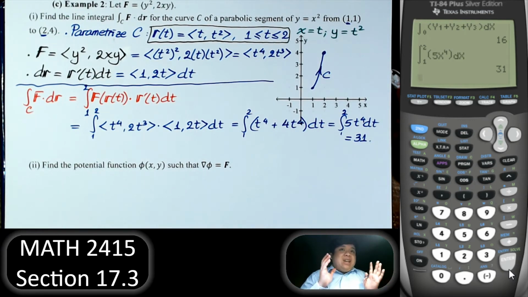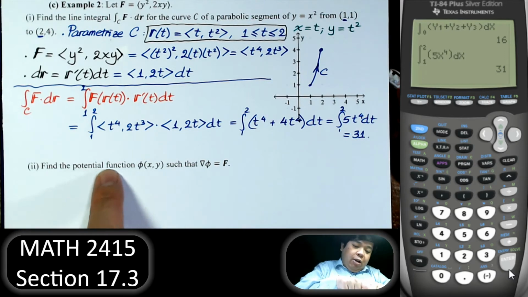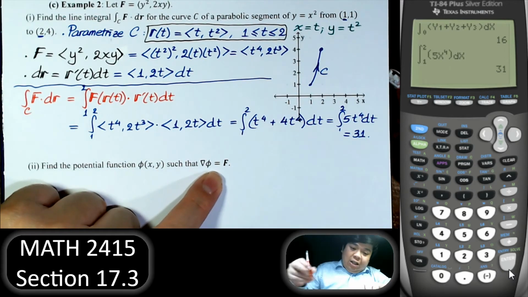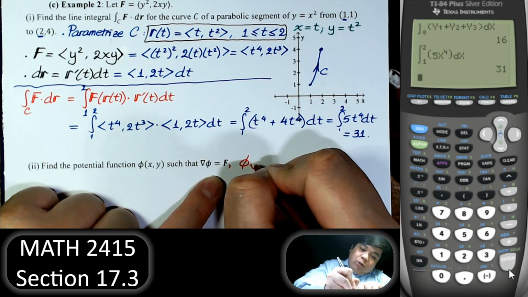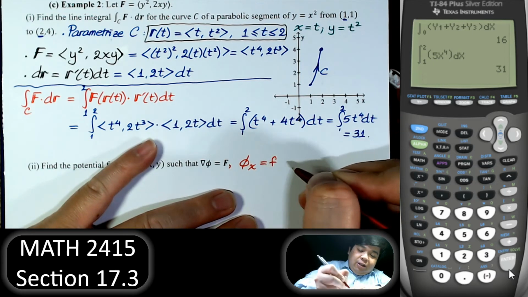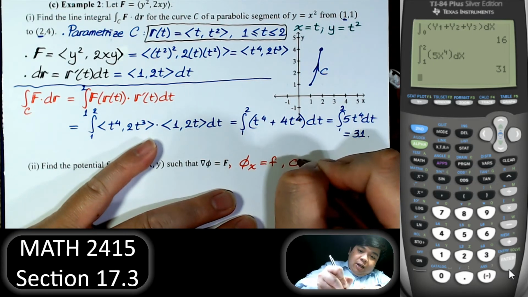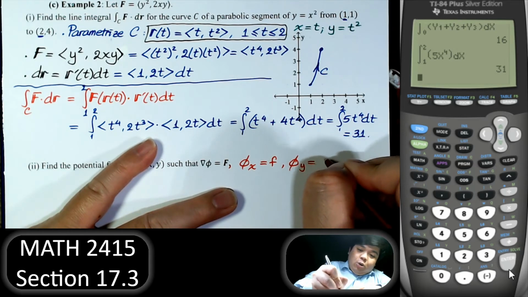Next, find the potential function. Now, if a question asks you to find a potential function, we assume that it is conservative and there exists a potential function. So, find the potential function in that case, meaning that the derivative with respect to x is equal to f, and the derivative with respect to y is equal to g.